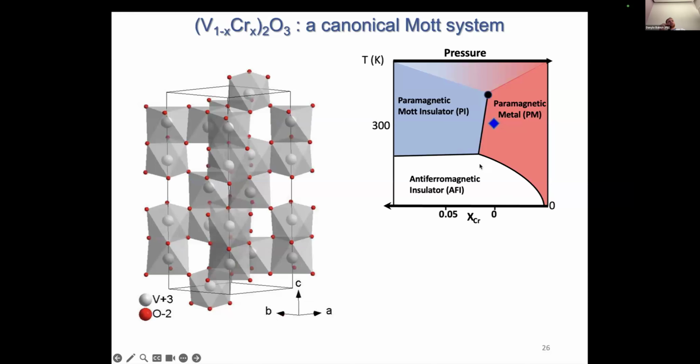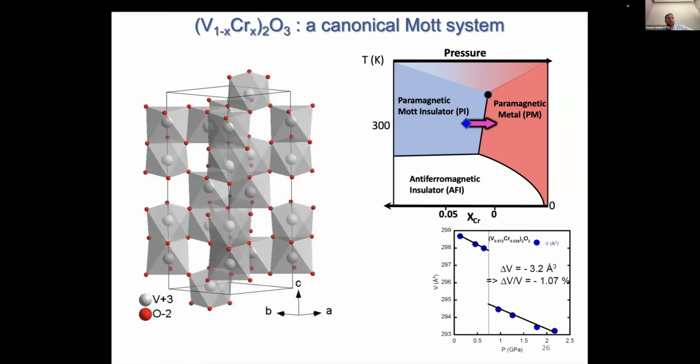But if you replace part of the vanadium atoms with chromium, you tune your system into the paramagnetic Mott insulator state. The idea was to apply pressure on such a system and see what would happen, because we should expect a drop of volume if we have a transition.